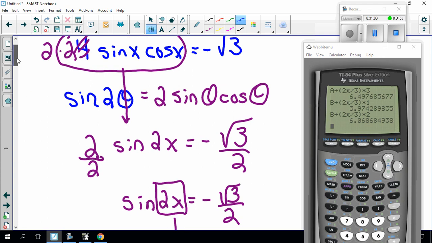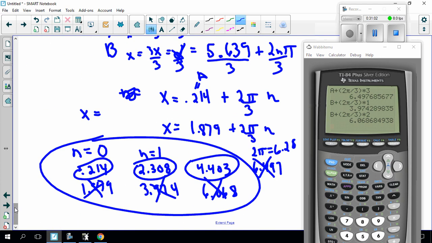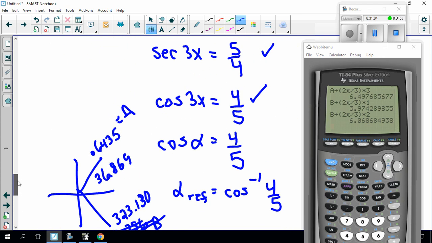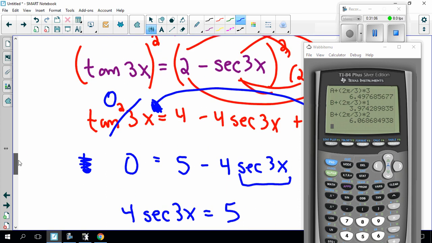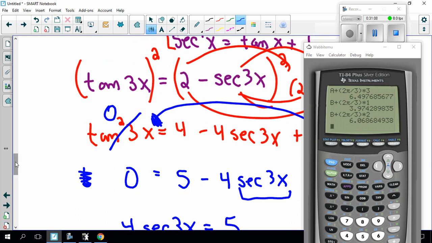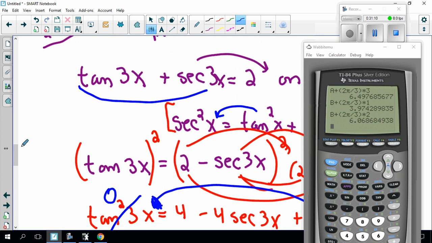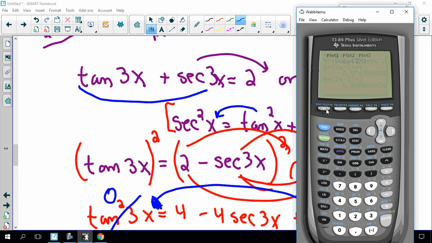So, additionally, you should graph the original. So the very first equation, you should graph that. So y equals tangent 3x plus 1 divided by cosine 3x. See how I did that? And y2 equals 2.